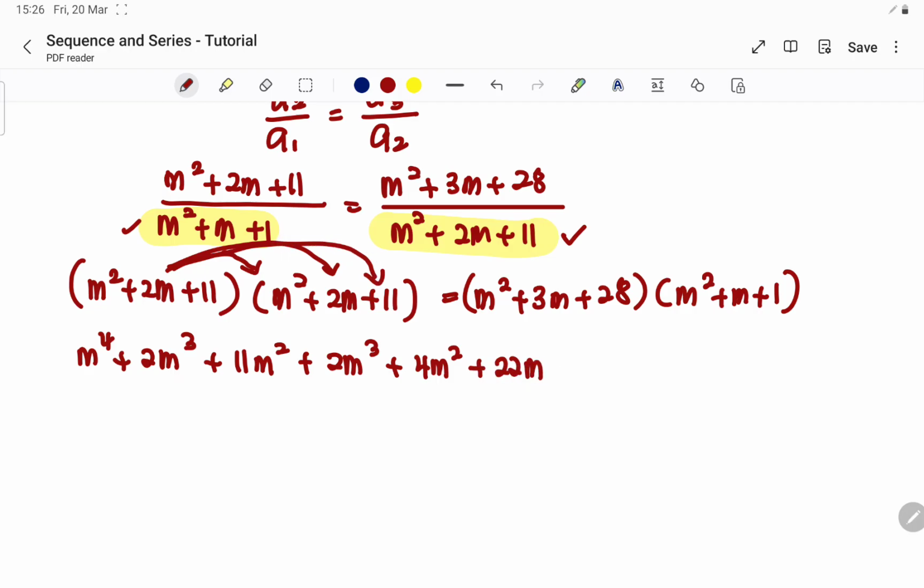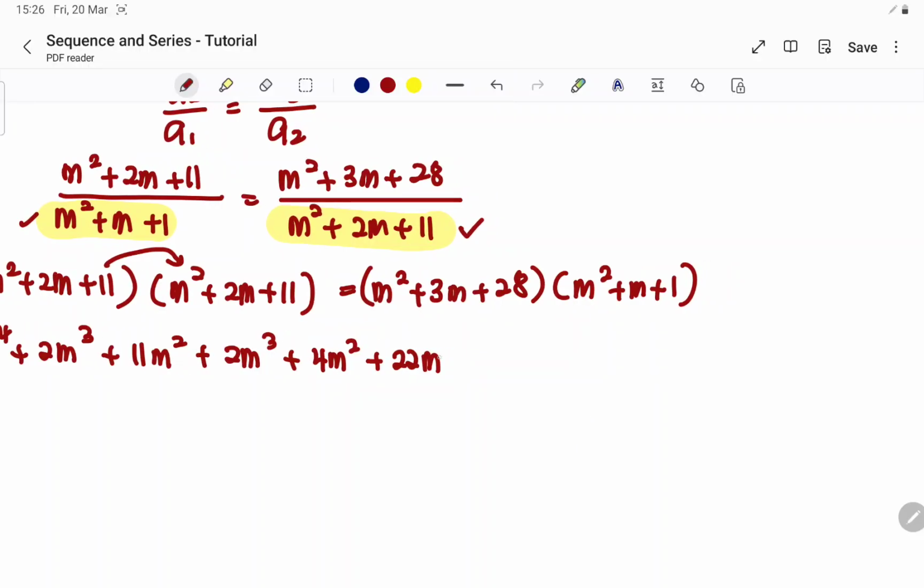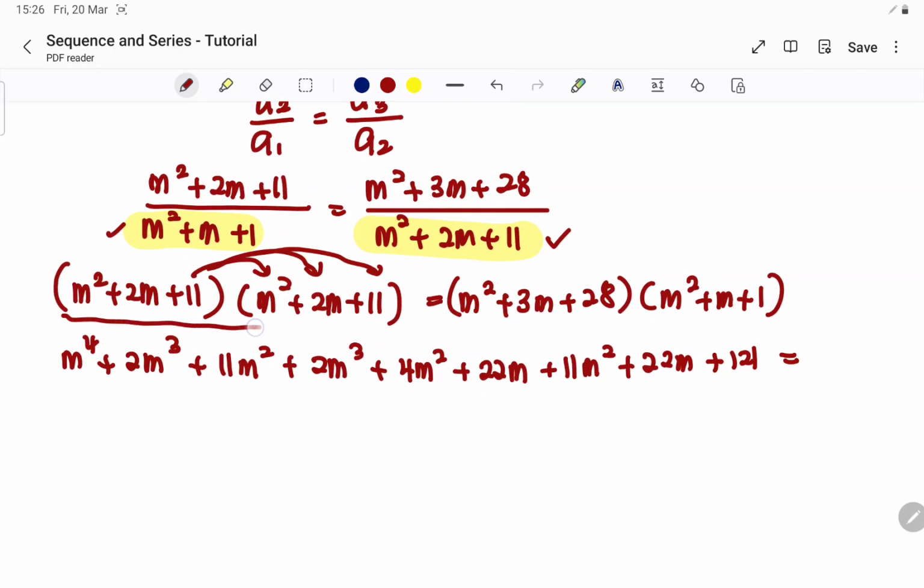Okay, and then you do another one also, 11 multiply with m square, you're gonna get 11m square. Then 11 multiply with 2m, you're gonna get 22m. 11 multiply with 11, you're gonna get 121. Then you just settle the first term here.